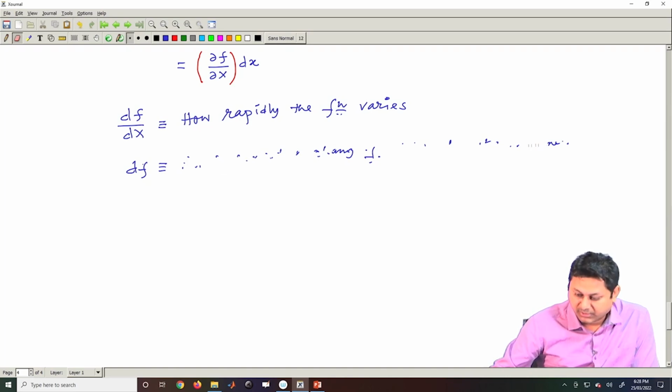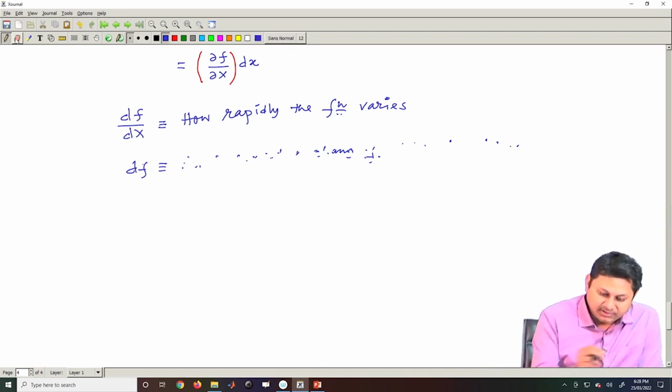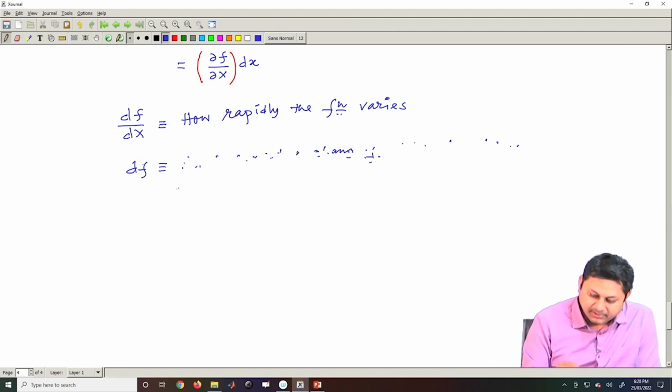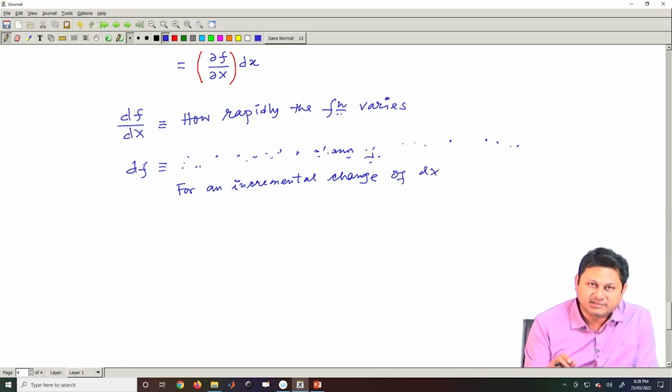So, I need to be careful to write this. So, this is for an incremental change of dx, because I am changing the independent variable slightly.